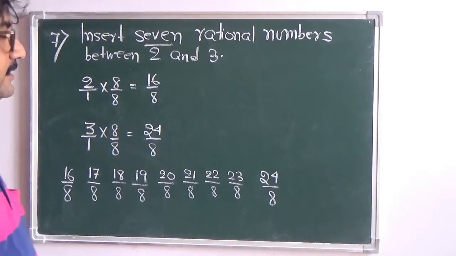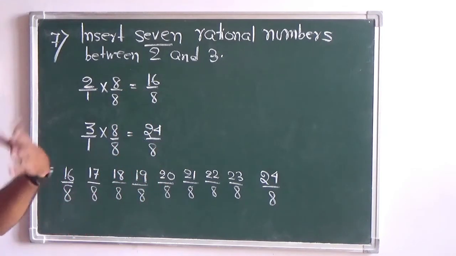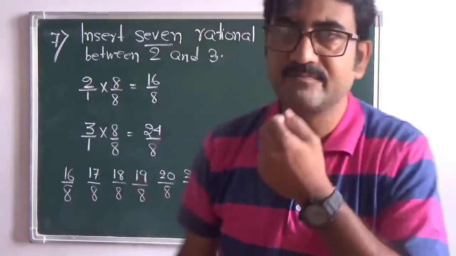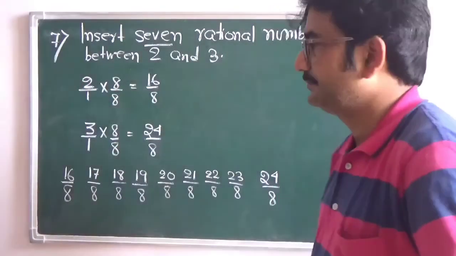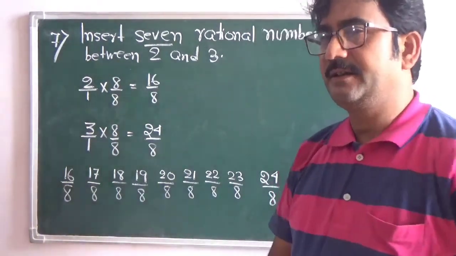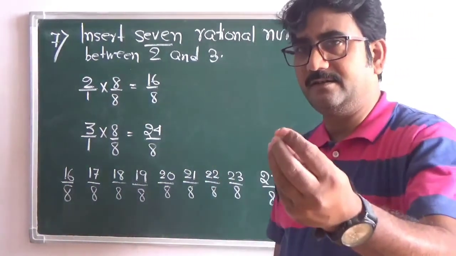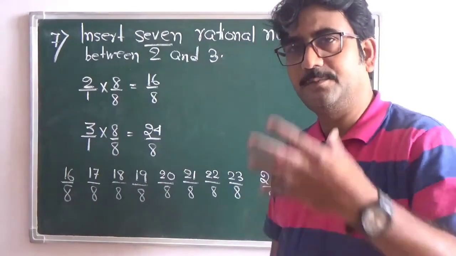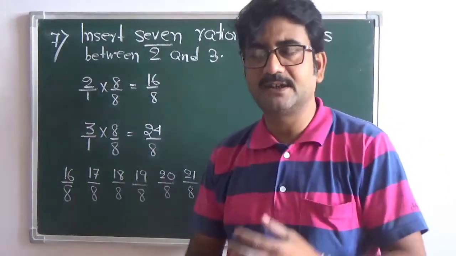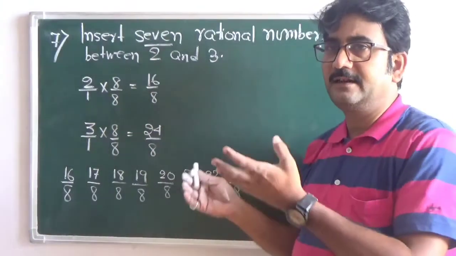Whichever process or method you feel comfortable with, you can solve using that method in the examination. Which do you find easier today? Both? Supposing you need to find only one, or two rational numbers, then you can go for the formula method.